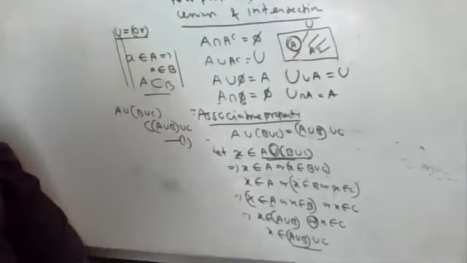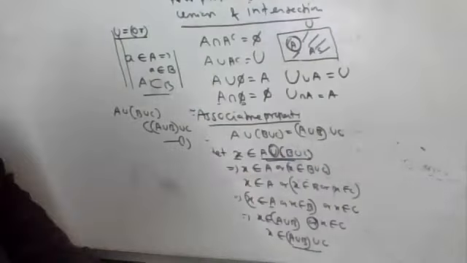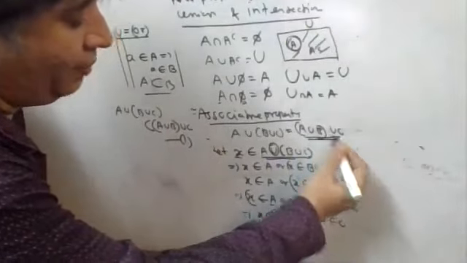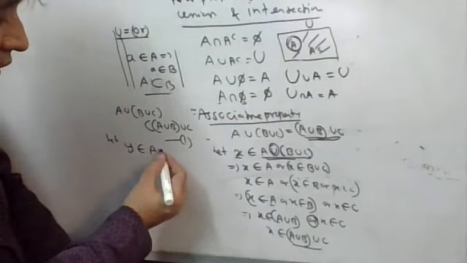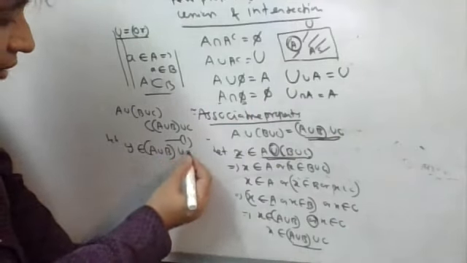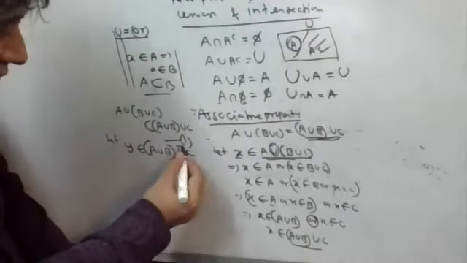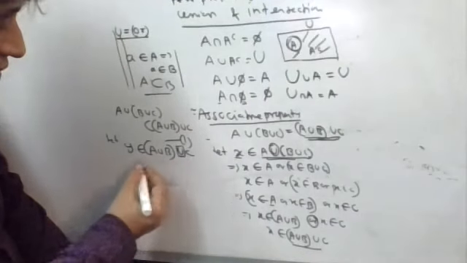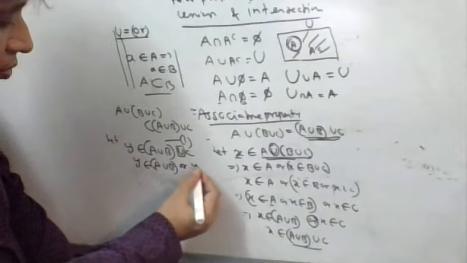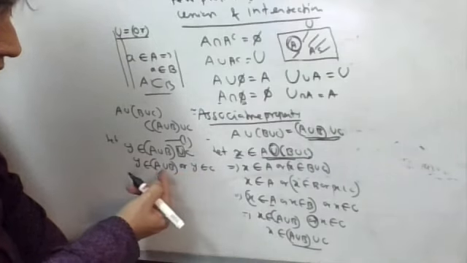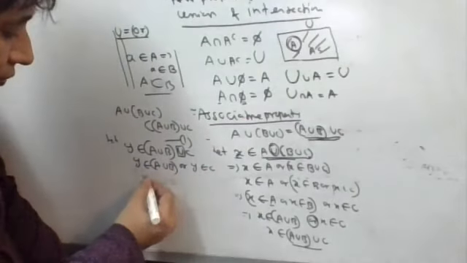This is result 1. Now I will start with the right hand side. Let Y belong to A union B union C. What does it mean? Instead of this union, I will write the or sign: Y belongs to A union B or Y belongs to C. Now this union will be broken into 2 parts using or.